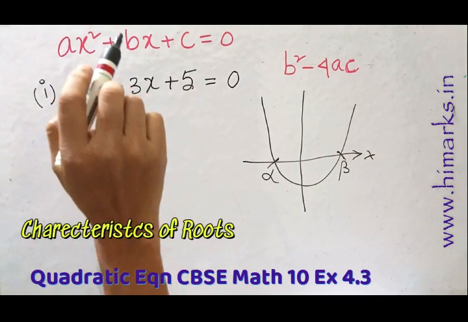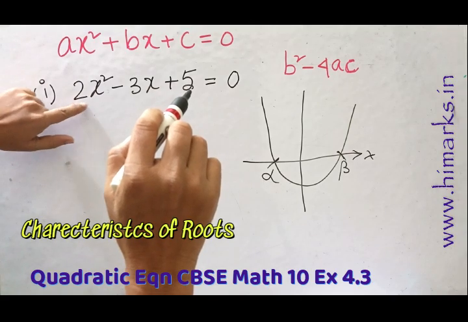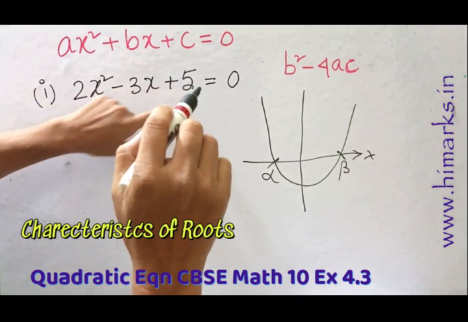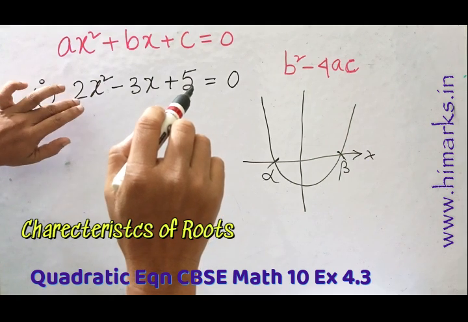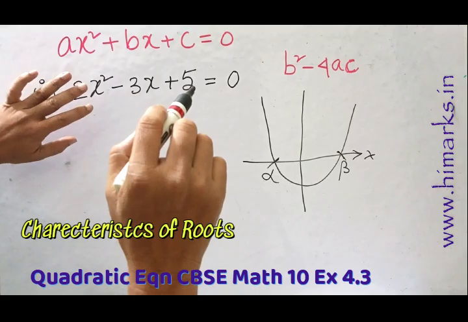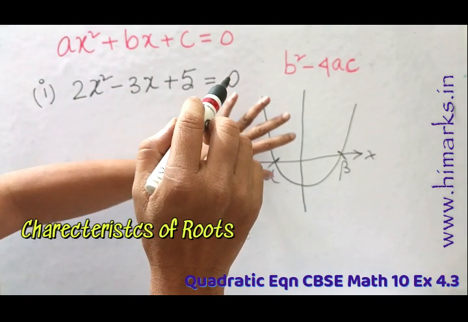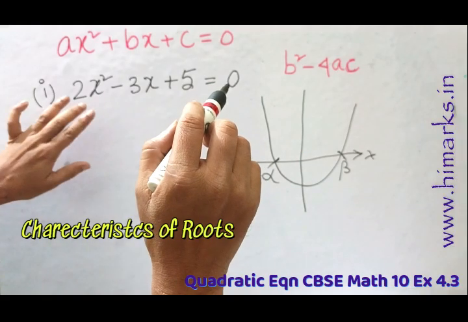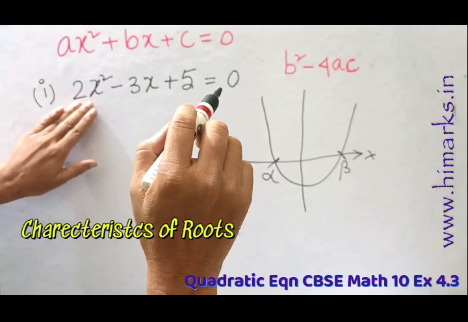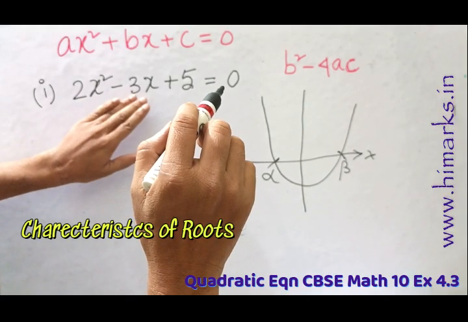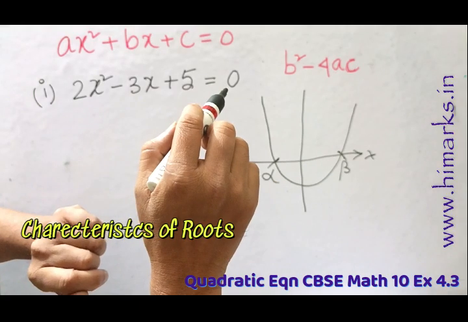Okay, so now see that these three coefficients, or numerical values, 2, minus 3, 5, define where the curve will be. Is it up, down, left, right? So by seeing these, is there any way that by doing a calculation we can say whether these will have a root or not?